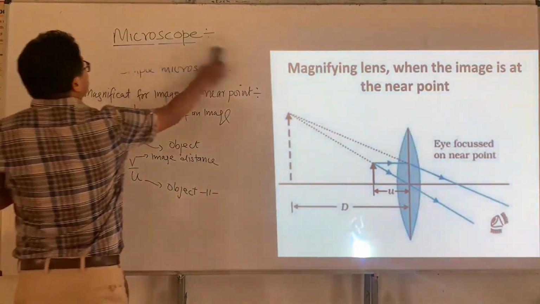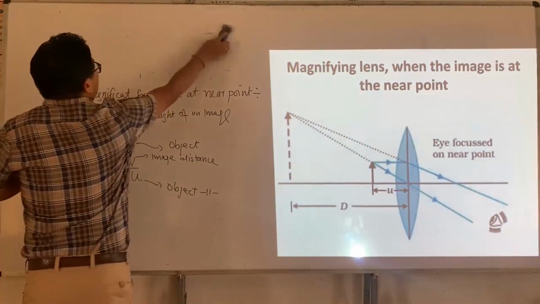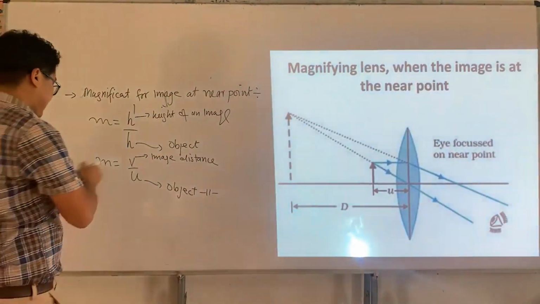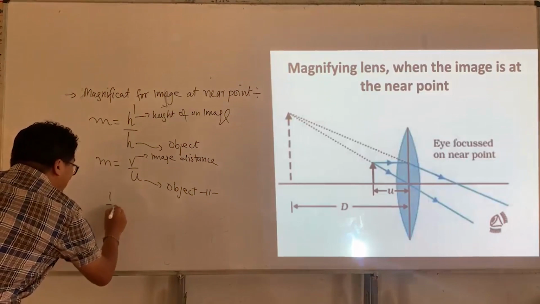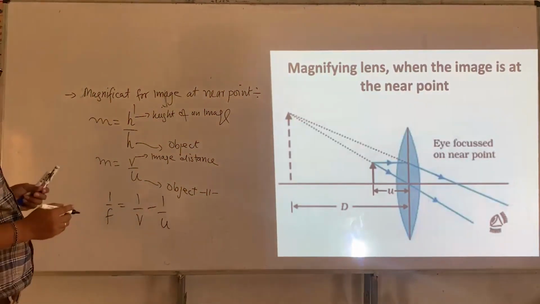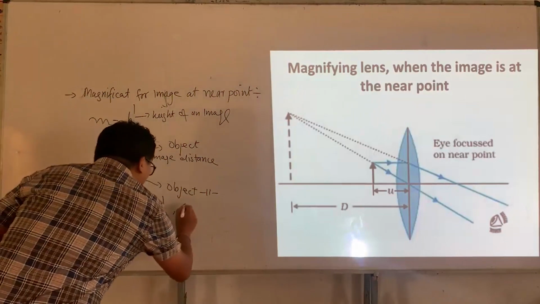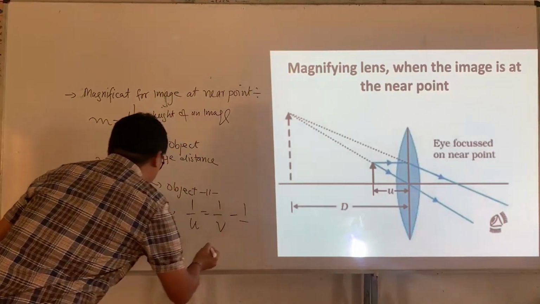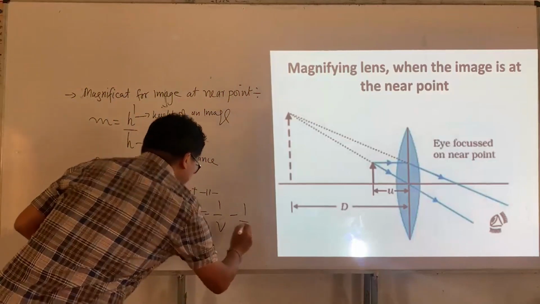Now what I'm going to do here is use the lens formula, which says that 1 by f is equal to 1 by v minus 1 by u. Therefore, 1 by u is equal to 1 by v minus 1 by f.